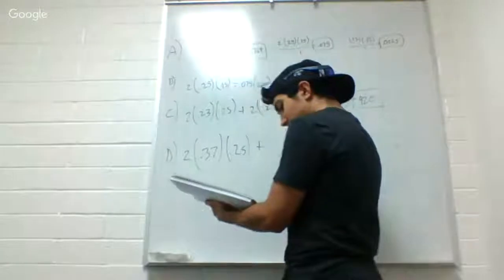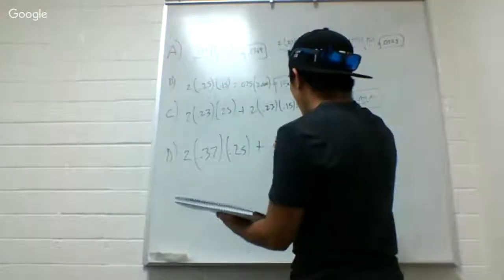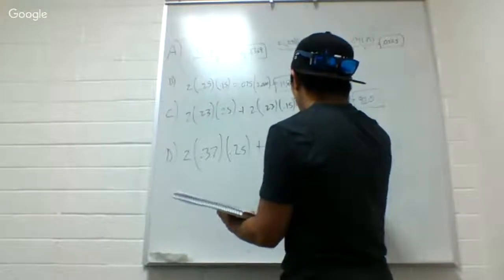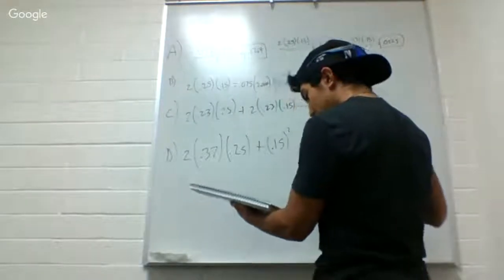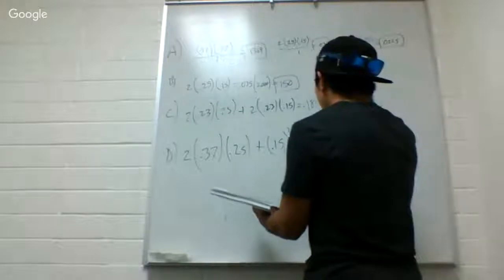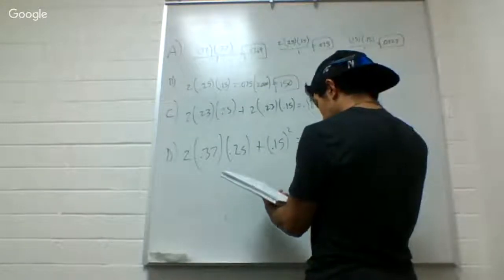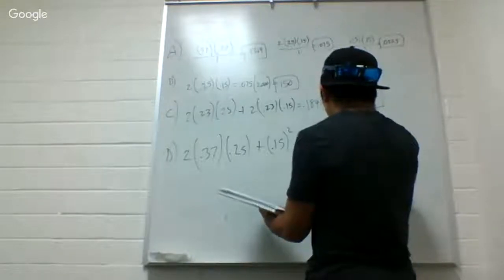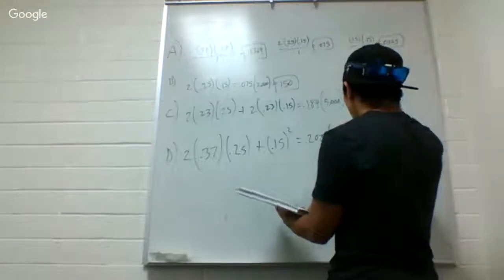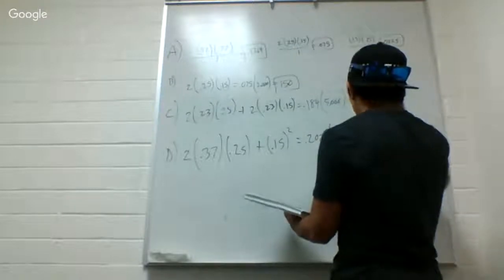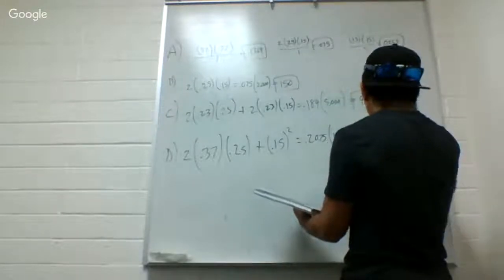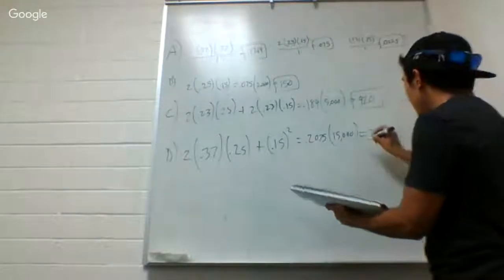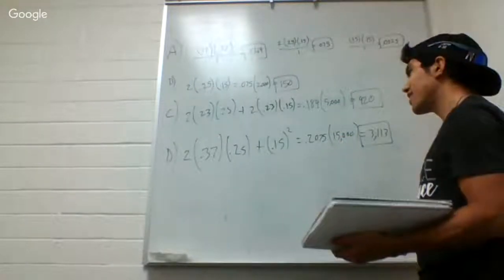Then we would add that to our albino gene, which is 0.15, and we're going to square that because there's 2 of them, which will give us a frequency of 0.2075. Then we multiply that by the population of 15,000, which will give us 3,113. And that's all she wrote.